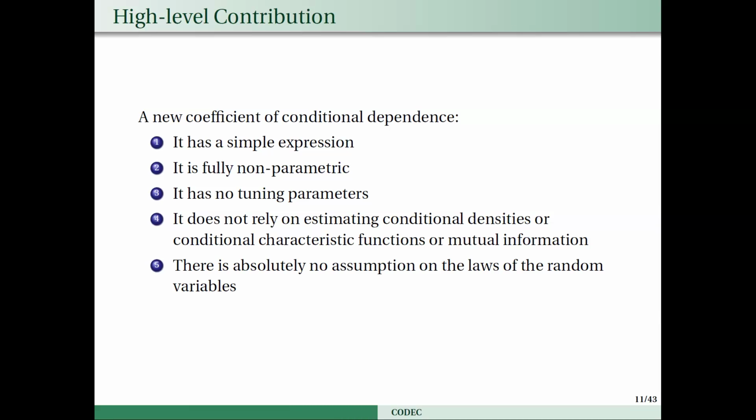You don't need to estimate any conditional density or characteristic function, which are difficult tasks. So basically, we are going around this difficult task. And there's absolutely no assumption on the joint law of these random variables, discrete, continuous, whatever you wish, it can handle.